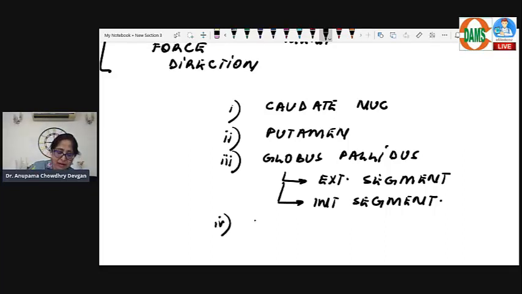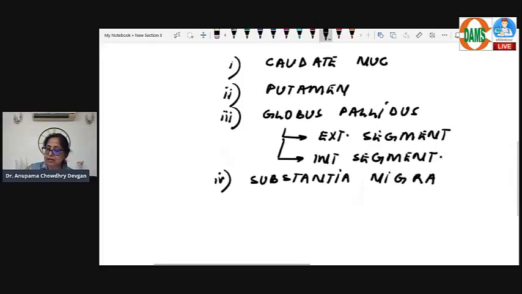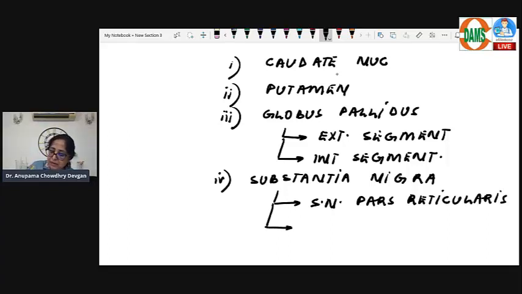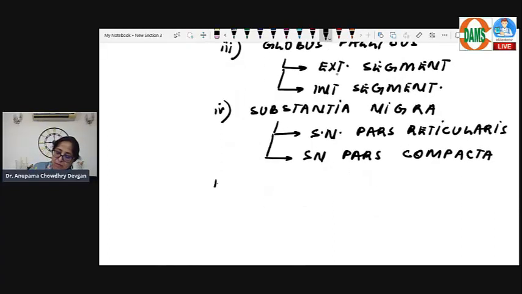Then number four, you have the substantia nigra. Substantia nigra is further subdivided into substantia nigra pars reticularis and substantia nigra pars compacta. Caudate nucleus, putamen, globus pallidus external segment, globus pallidus internal segment, substantia nigra pars reticularis and substantia nigra pars compacta.